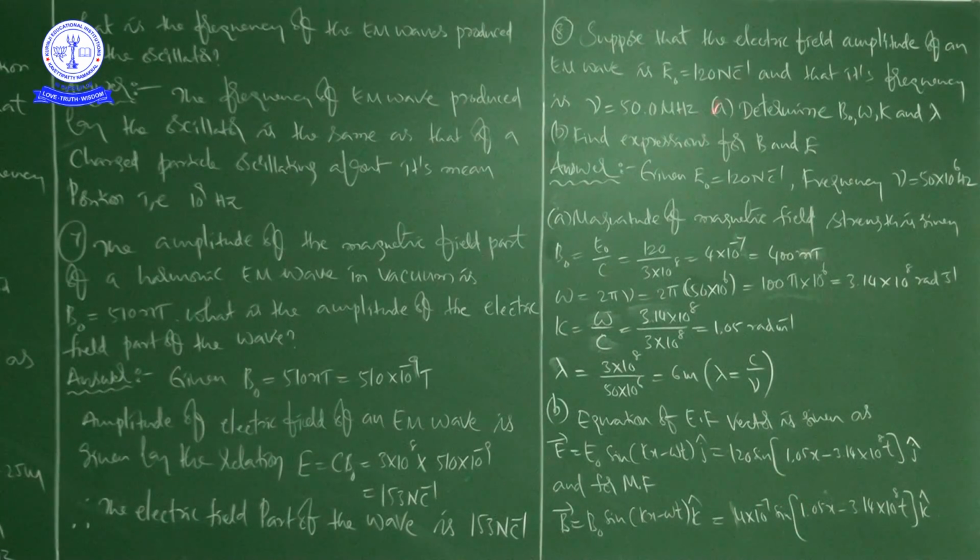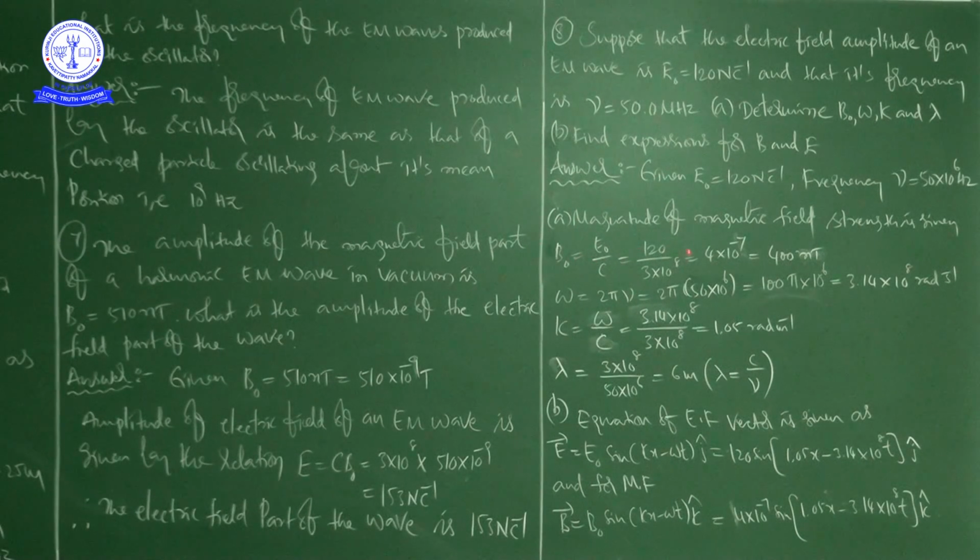Okay, right. So in this 8th problem, they have given the amplitude of the electric field, that is 120 Newton per Coulomb, and the frequency nu as 50 megahertz, but they are asking to find B naught, omega, k and lambda, and after that to write the expressions for B and E. First we have written the given things, E naught and frequency.